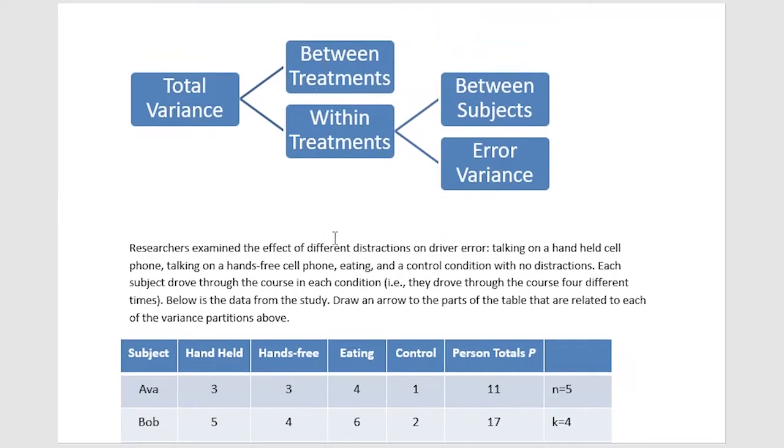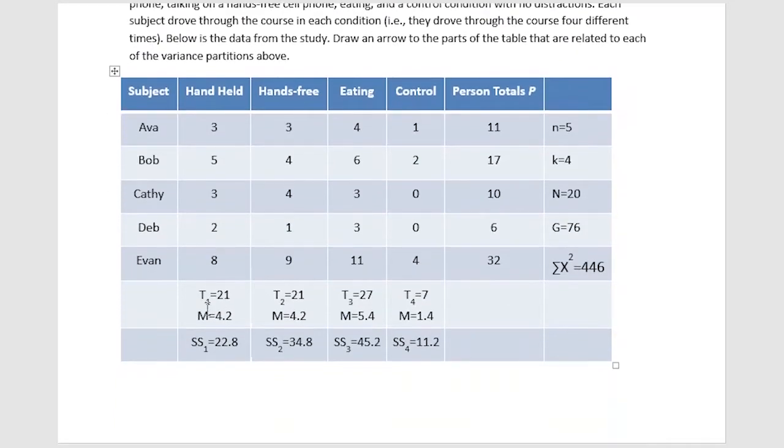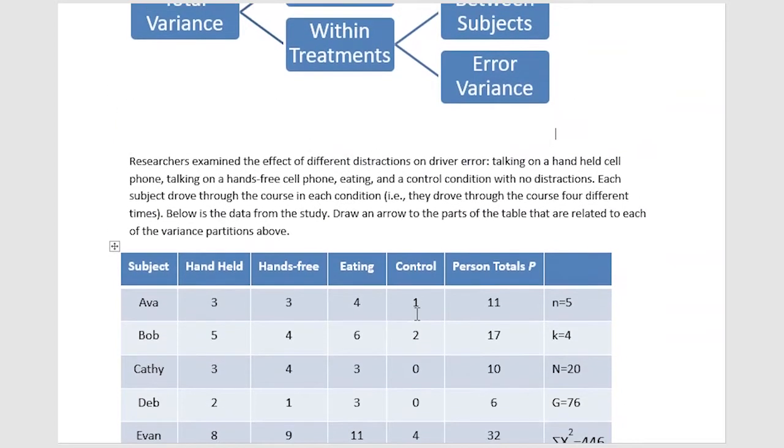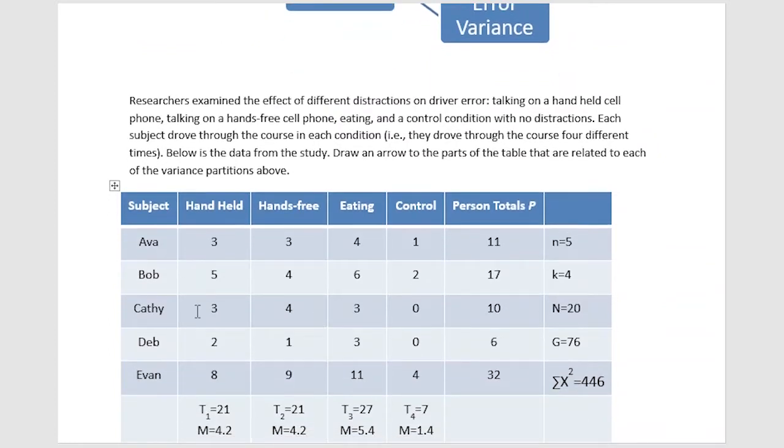Our between treatments variability, that's our mean differences that we have between the groups, between the treatments. So in that way, that's just like in the one-way ANOVA. The within treatments variability here, that's the variability that exists within this handheld group by the different subjects.